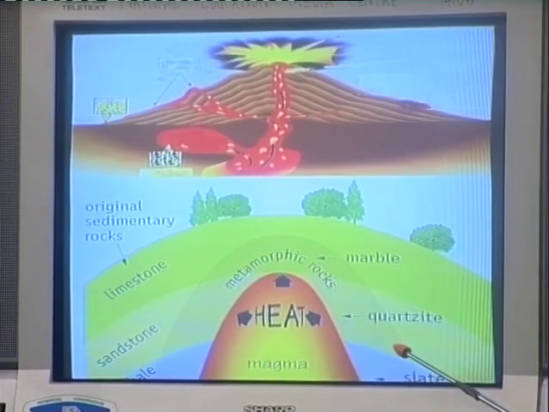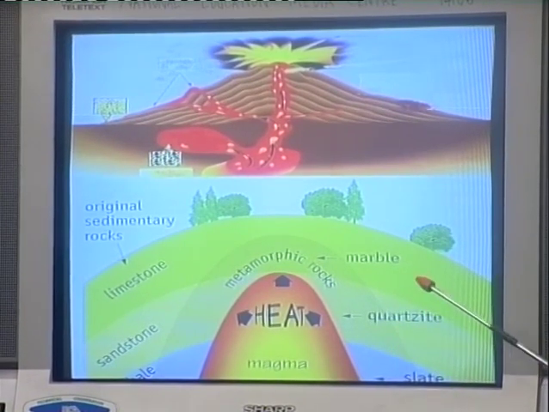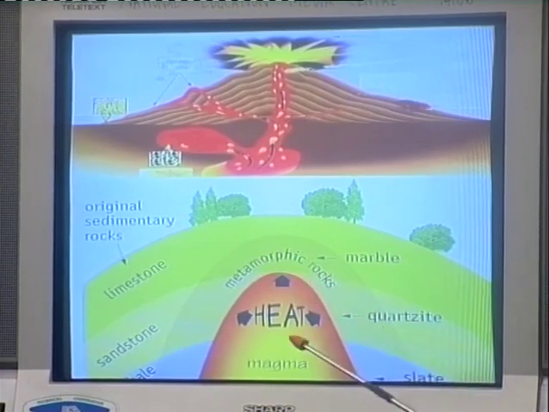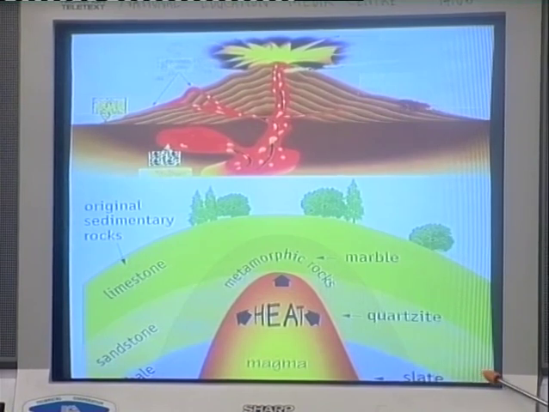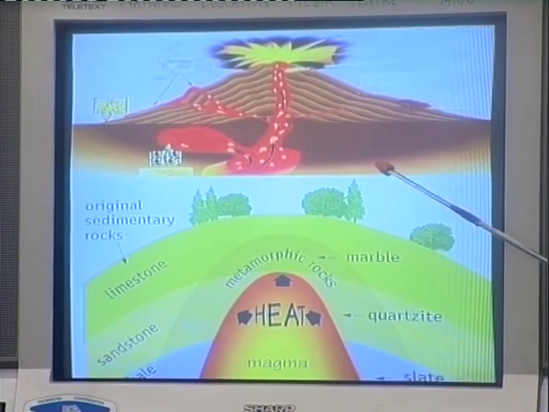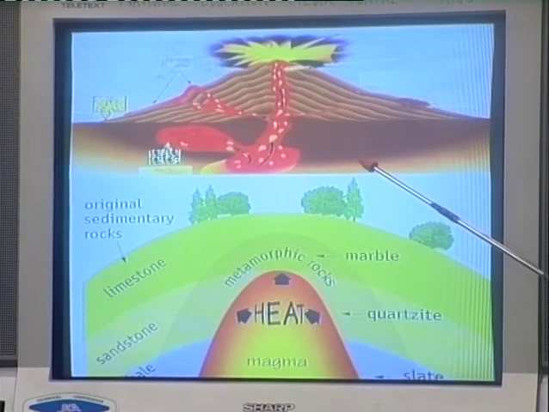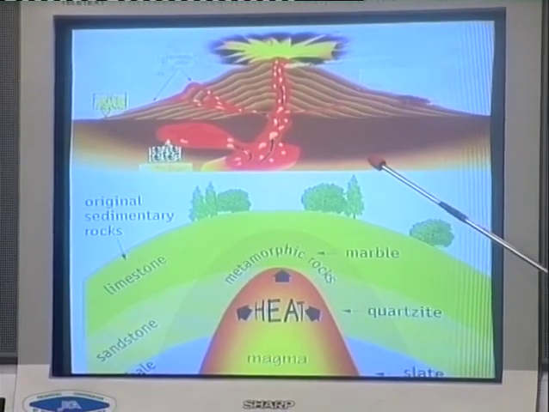Now, metamorphic rocks actually change from original sedimentary rocks. And this happens when there is heat and pressure in the earth.